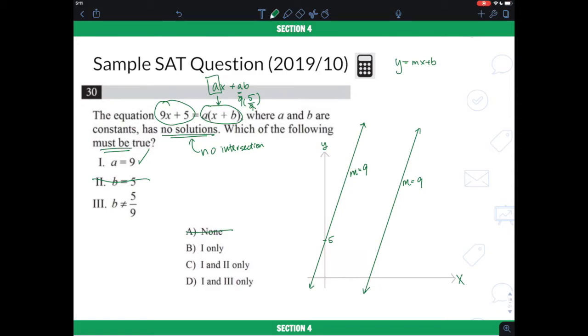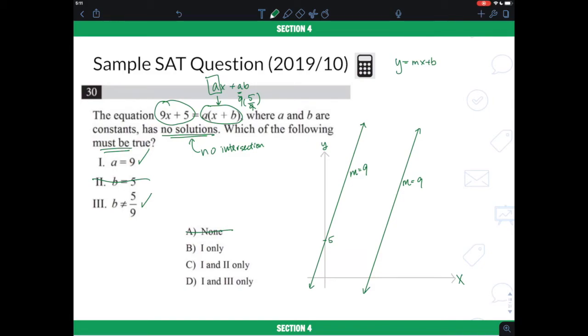And what did we just say? We said that as long as you don't have the y-intercept being 5, that would be okay. But if you have the y-intercept being 5, that's not really a good thing. So we do not want the b value to be 5/9, because that will be the same line as the given line.